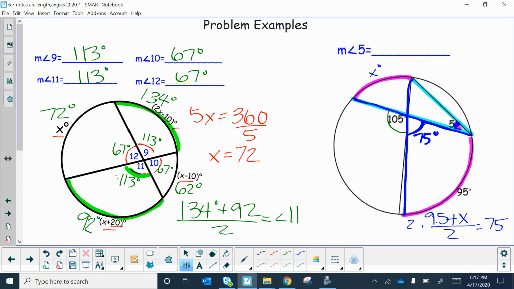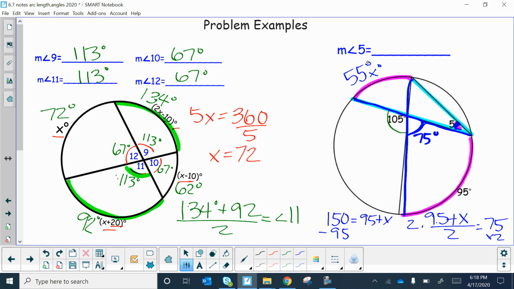So I'm going to times it by 2, times by 2. I'm going to come over here on this end. 150 is 75 times 2. And that's equal to 95 plus x. So I'm going to subtract 95 from 150. 150 minus 95 is 55. So this arc up here is 55 degrees.